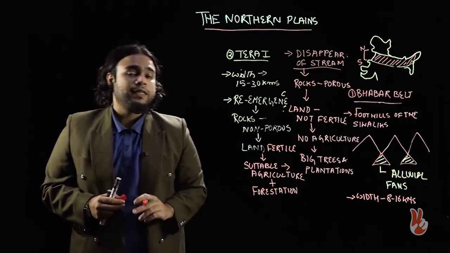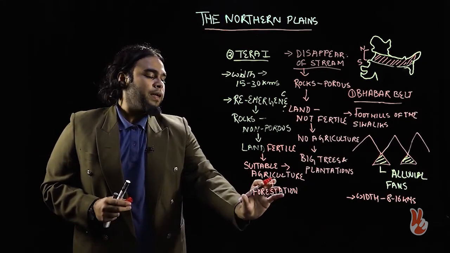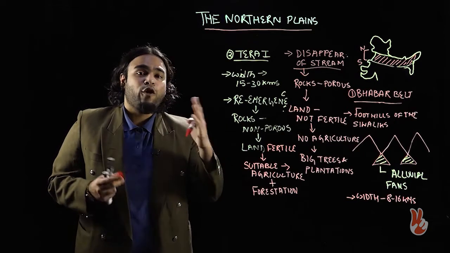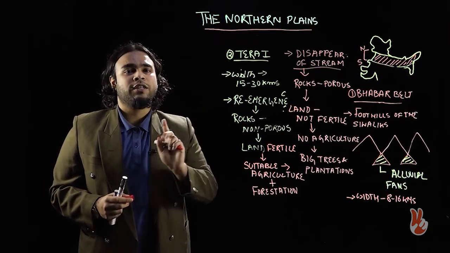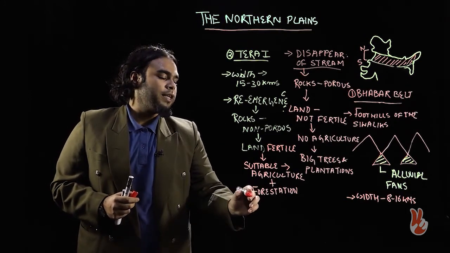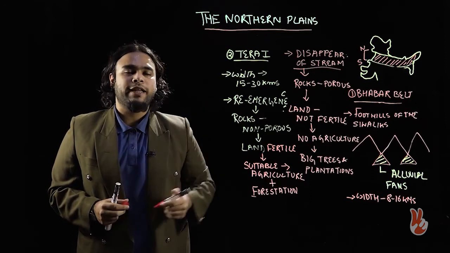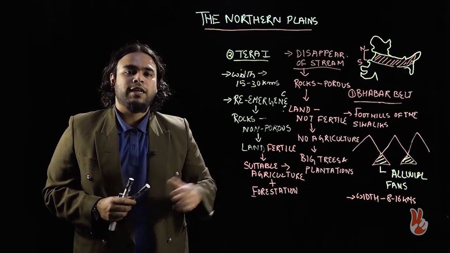Okay, since there is lush greenery and agriculture in this region, the typical examples of such forestation will be your Jim Corbett National Park as well as your Kaziranga National Park. Okay, so the examples of forestation in this belt area would be Jim Corbett National Park as well as Kaziranga National Park.